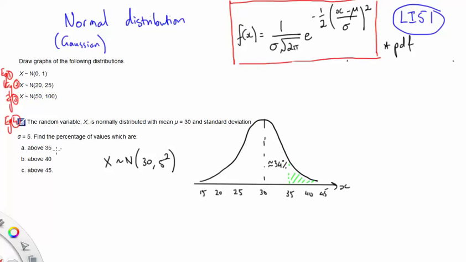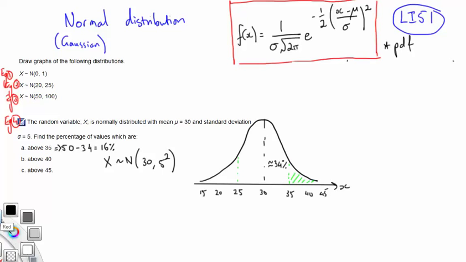So above 35, that's going to be 50 minus 34. That's going to be 16%. So 16% of your values will be above 35 here. So you can see what happened there. I said that within one standard deviation is about 68%. So half of that is 34%. Then I'll minus that off 50%.